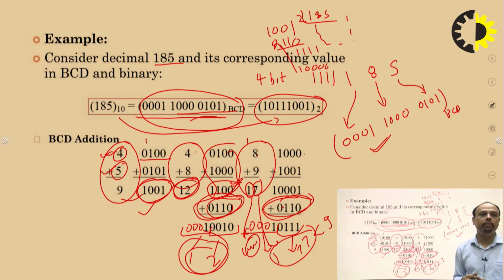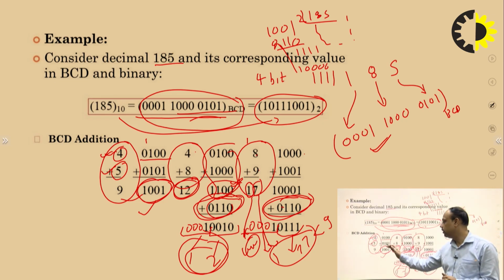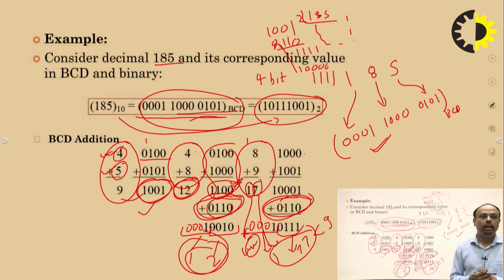So in this way we can add any two BCD numbers by considering these cases: when the sum is less than 9, no correction; when the sum is greater than 9, there is a correction by addition of binary 6; and when the sum is less than 9 but there is a carry, then again we have to do the correction by adding binary 6 in the number.